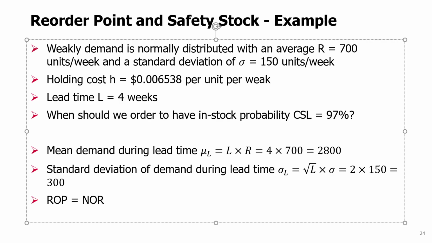As we said, it is the inverse value from the normal distribution with cycle service level, which we assumed to be 97%, with the mean mu L and the standard deviation sigma L, standard deviation of demand during lead time, and that is going to be NORM.INV, plugging in the number 0.97, right? This is the 97%, 2,800 and 300.